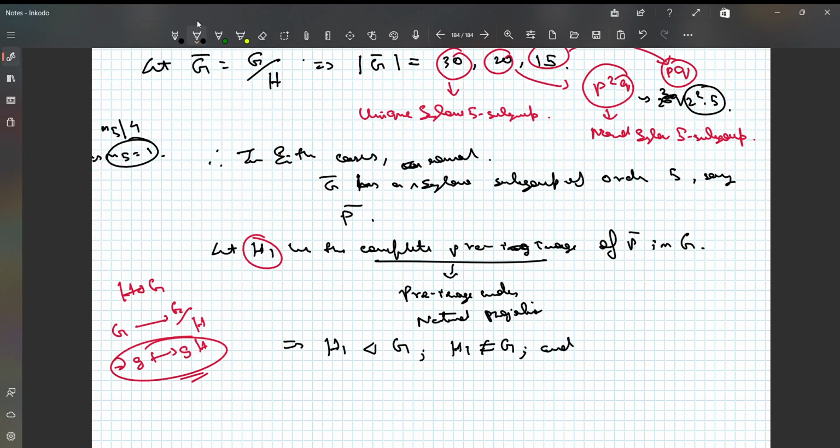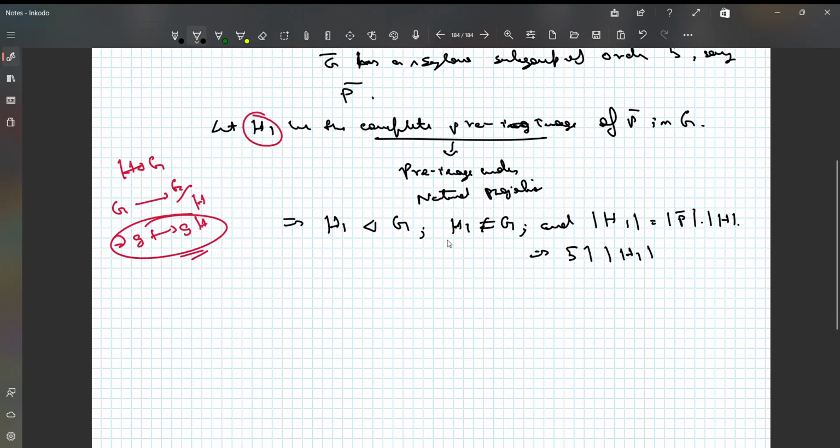And what can I say about the order of H1? The order of H1 must be the order of P bar times the order of H. But P bar is a Sylow 5-subgroup. So this means 5 divides the order of H1.